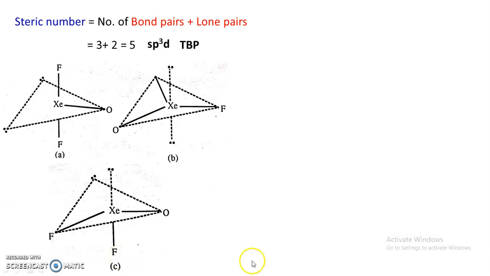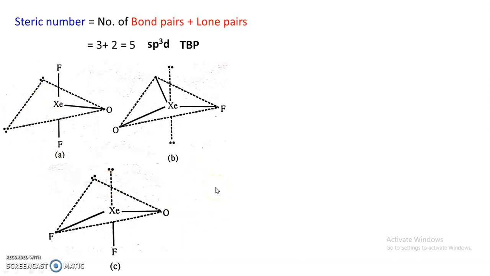So out of these 3 possibilities, the first structure, where fluorine, which is most electronegative, occupies the axial position, and lone pairs and oxygen occupy the equatorial position, is the most stable structure with minimum repulsion between pairs of electrons.